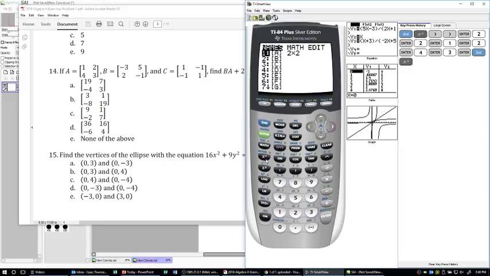I do the same thing, but now edit matrix B. It's also a 2 by 2.